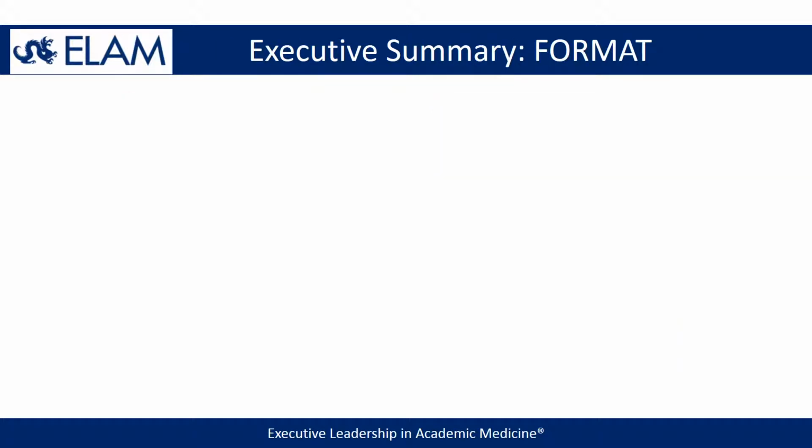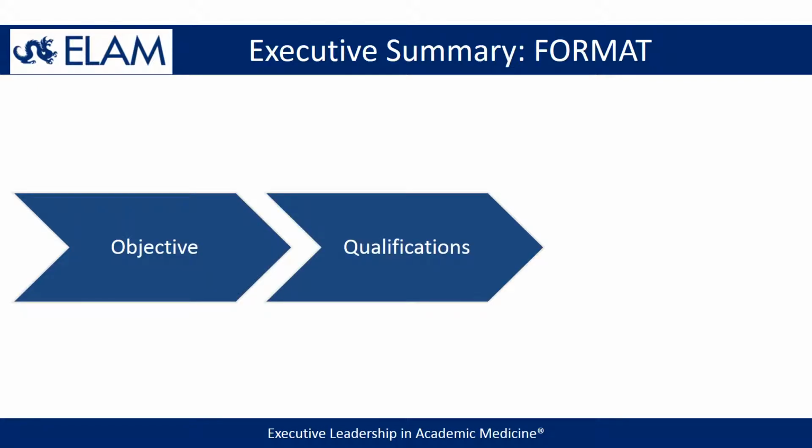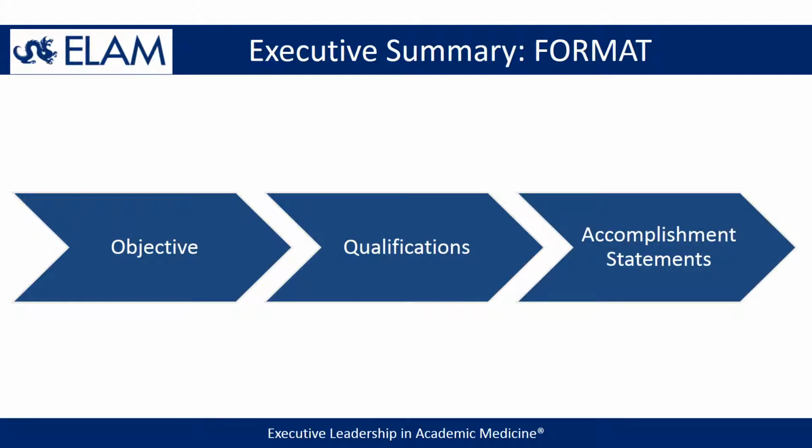The format of an executive summary leads with an objective for a specific position, followed by qualifications, supported by accomplishment statements. Depending on the purpose, it may include a succinct summary of specific educational training.